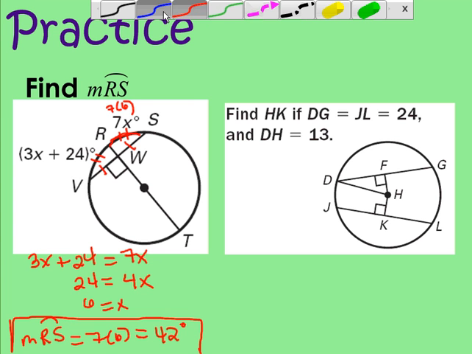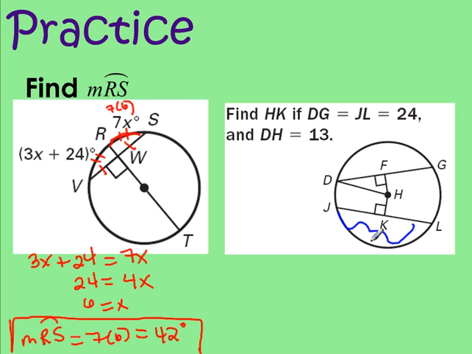Our next example tells us to find HK. And we know that DG is equal to JL, which is 24. So these segments are each 24. And we also know that DH is 13. Now this is a combination of several of our theorems.